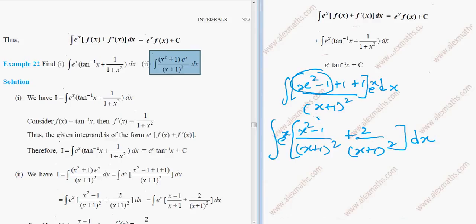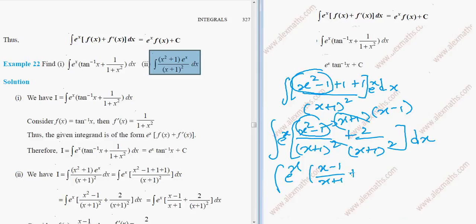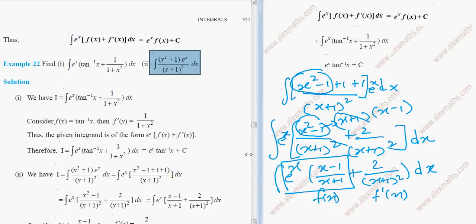Now if I factorize this, this will become x plus 1 into x minus 1. So we can cancel one term. The remaining will be e power x into x minus 1 by x plus 1 plus 2 by x plus 1 whole square. If you take this as f of x using u by v method, you will get this as the answer. So the final answer will become e power x f of x plus c.